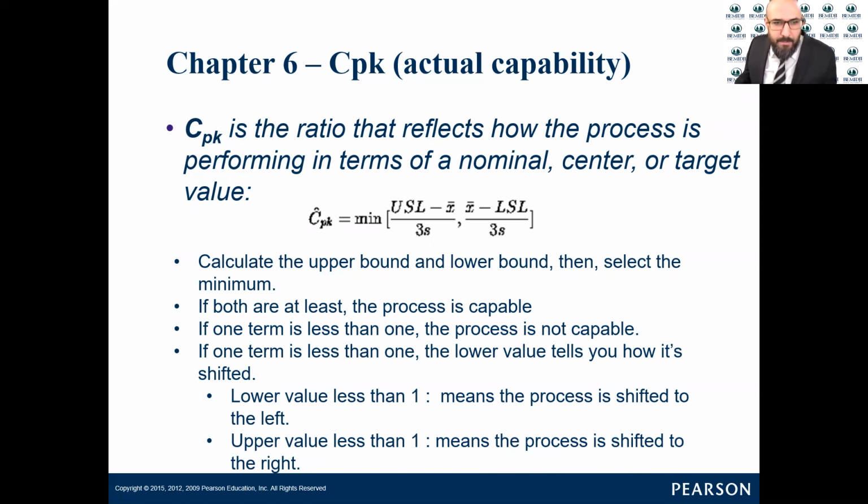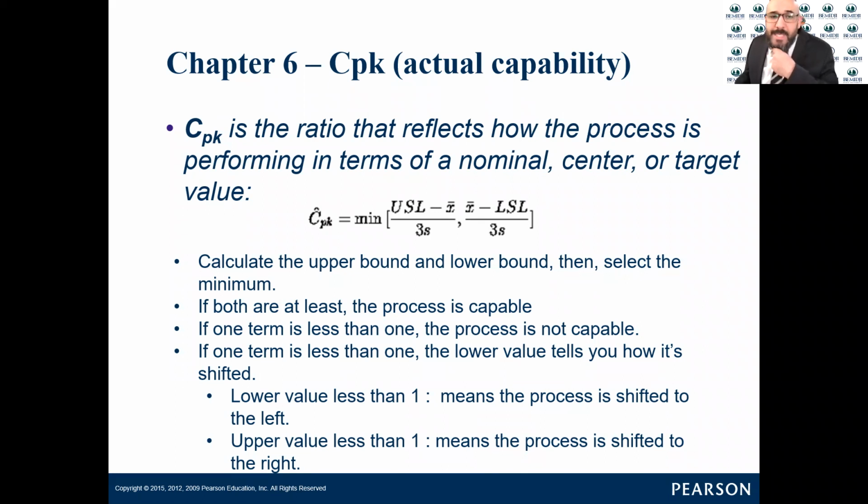Calculate the upper bound and the lower bound, then select the minimum between them. If both are at least 1, then the process is capable.